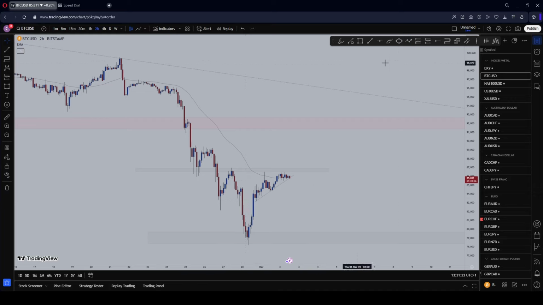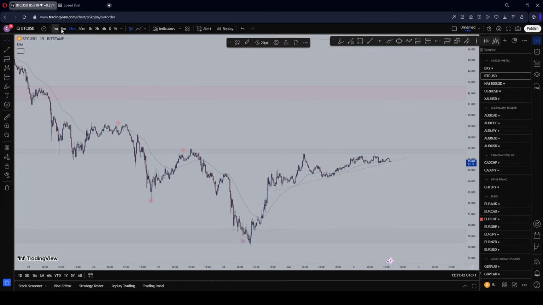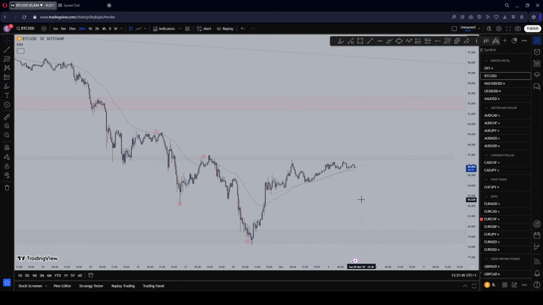What's the structure? We have high, low on the 1 hour, on the 2 hour. On the 4 hour, it's still the same thing. High, low, high, low. So it's still within the 4 hour bearish structure. Interesting. Let's see on the 30 minutes.